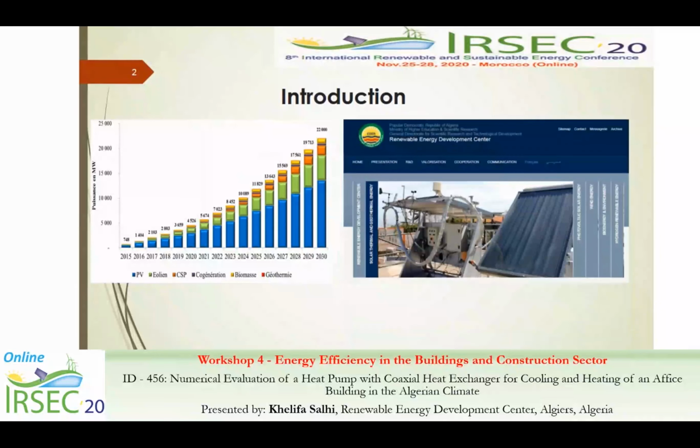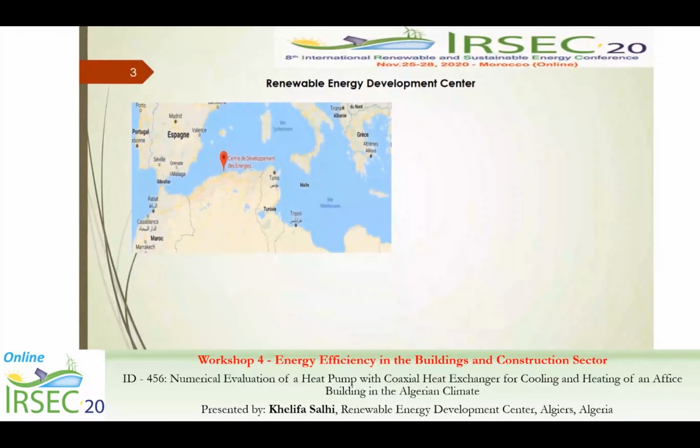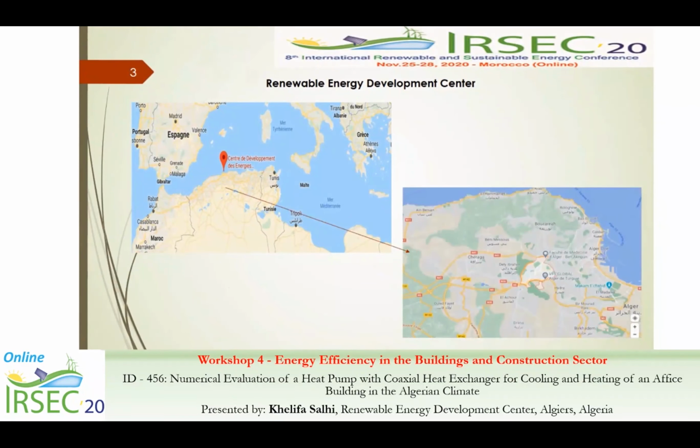The Renewable Energy Center in Algeria tries to share in this goal. The Solar and Geothermal Energy Division is responsible for this part. It proposed a project in the Renewable Energy Development Center in Ben Aknoun city.